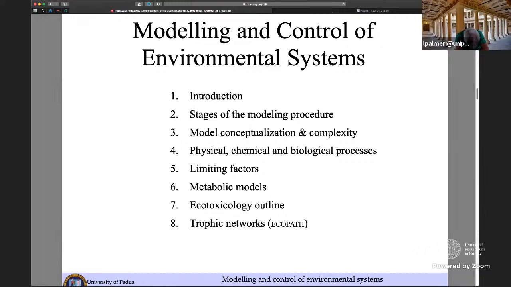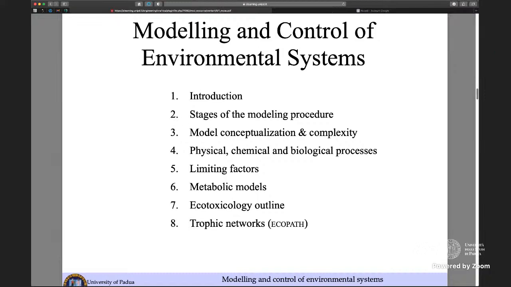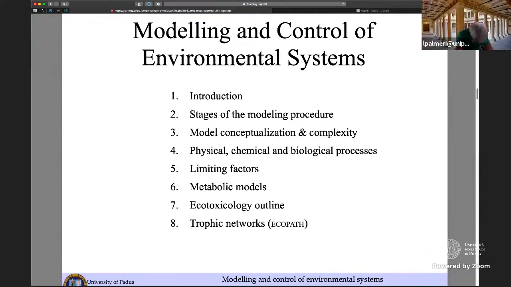Your description will be adequately complex if the complexity of your description is consistent with the complexity of the system you want to describe. Please note, you want to describe. This means that the complexity of the system you want to describe depends exactly on the focus of your application. The environmental engineer has a particular problem, an issue to deal with.